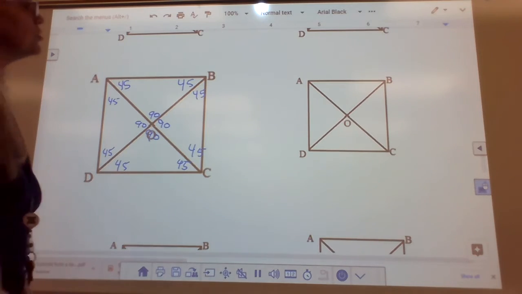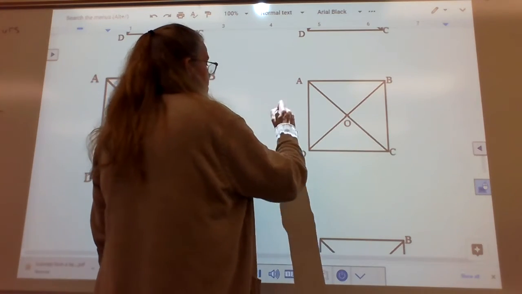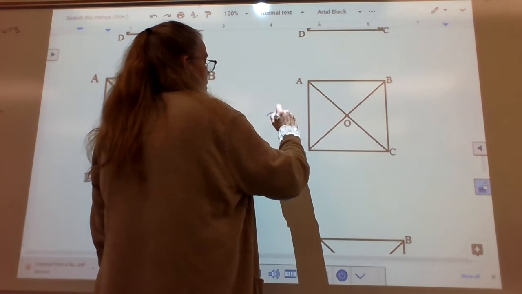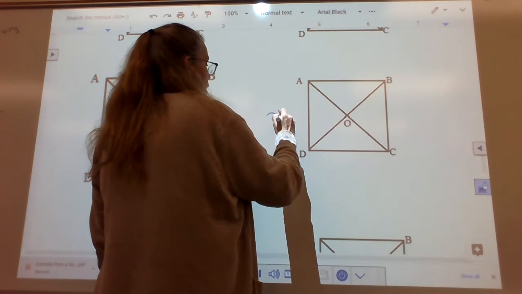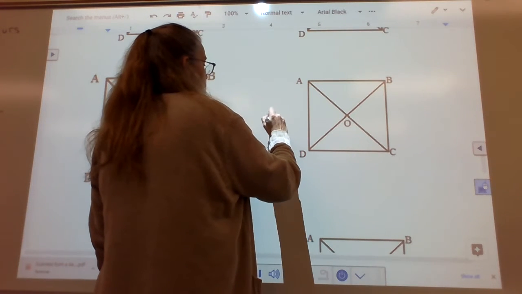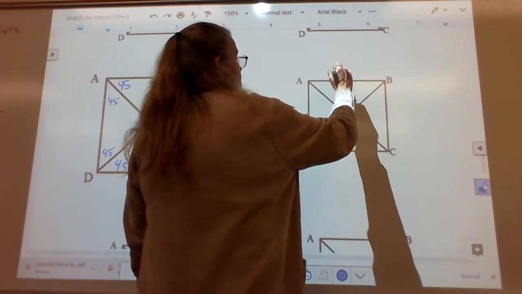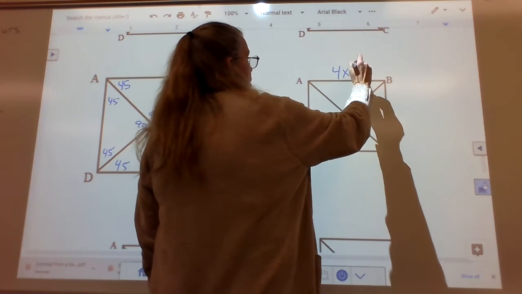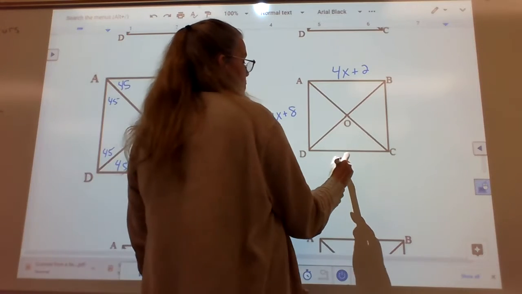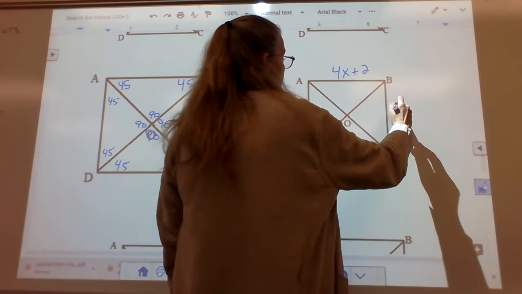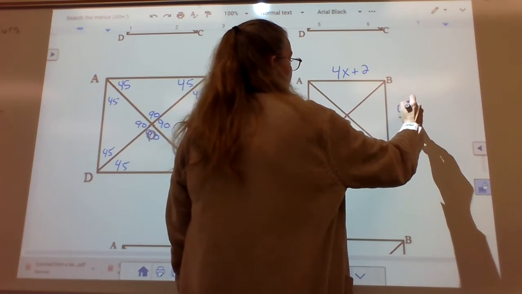Now this one I'm going to make a little bit harder. Let's say I've got 3x plus 8 here, 4x plus 2 here. Let's make this a y, and let's make this one 5z.